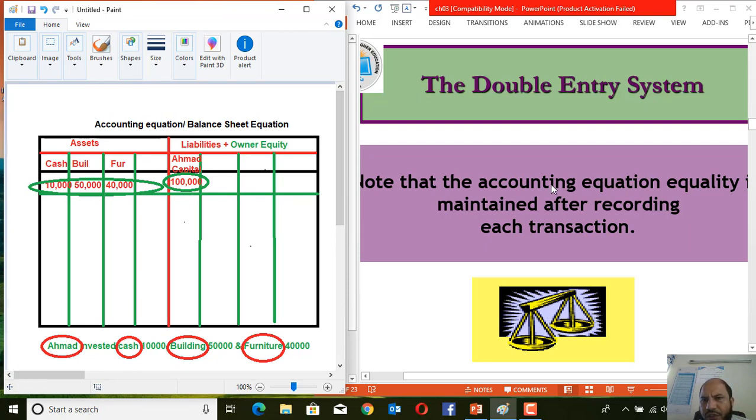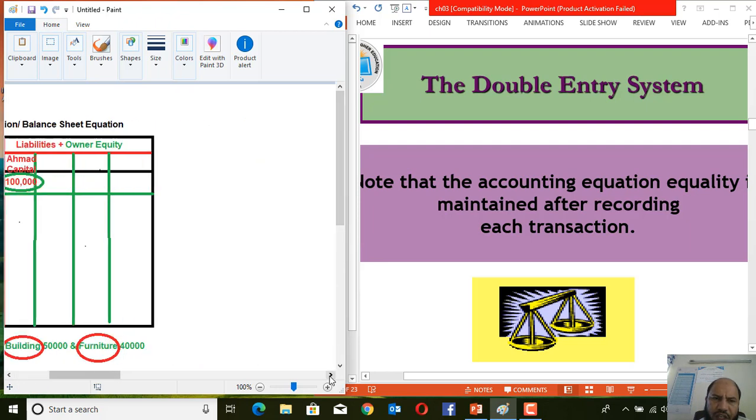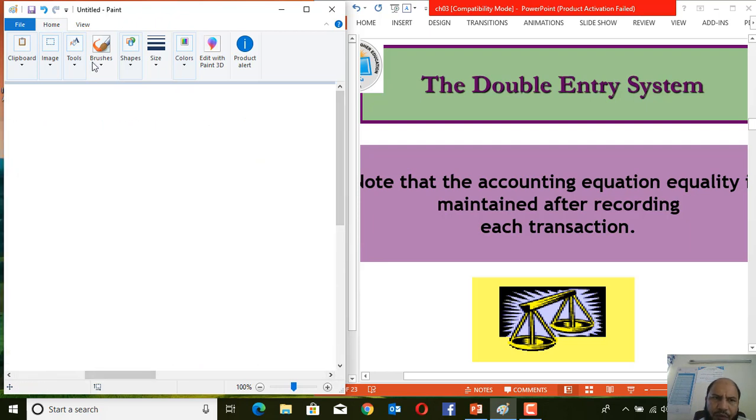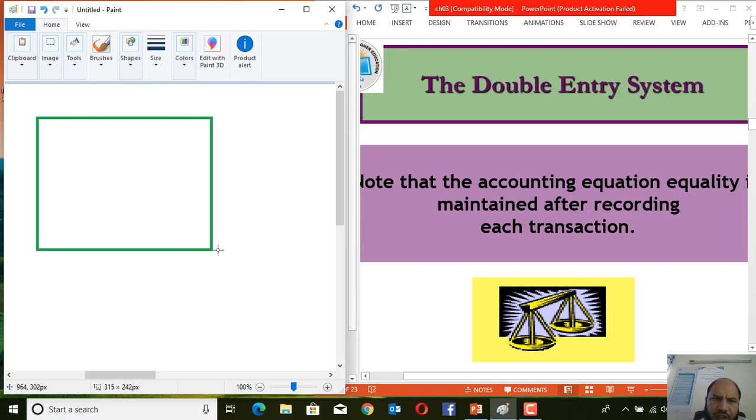Dear students, the double entry system is focusing on the equality of each and every account or each and every transaction. Consider this is a general journal.